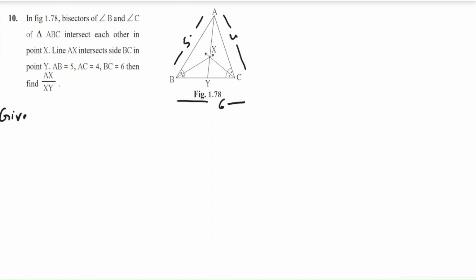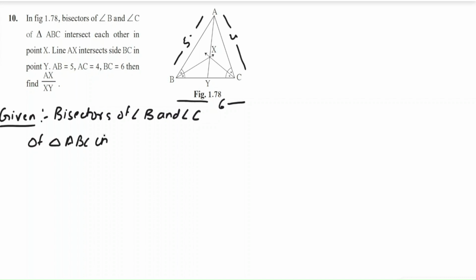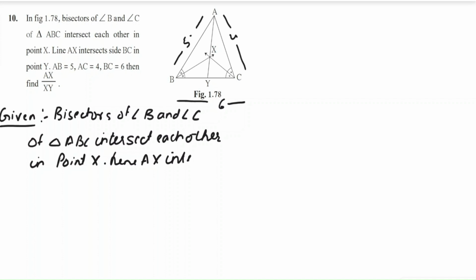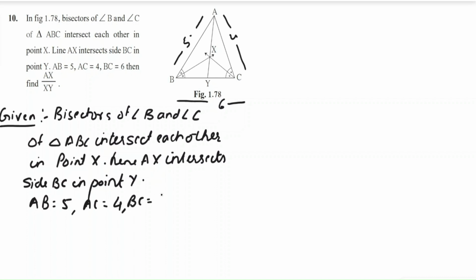Now first we will be writing given. Given is bisectors of angle B and angle C of triangle ABC intersect each other in point X. Next it is given line AX intersects side BC in point Y. Now values given are AB is equal to 5, AC is equal to 4 and BC is equal to 6 units.